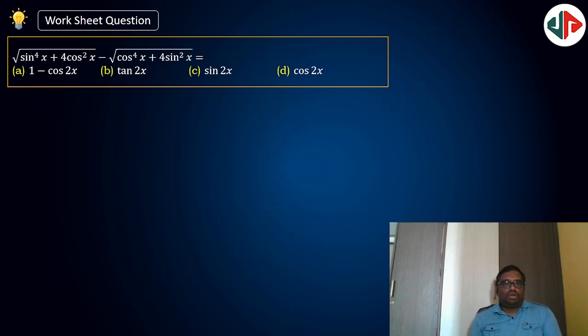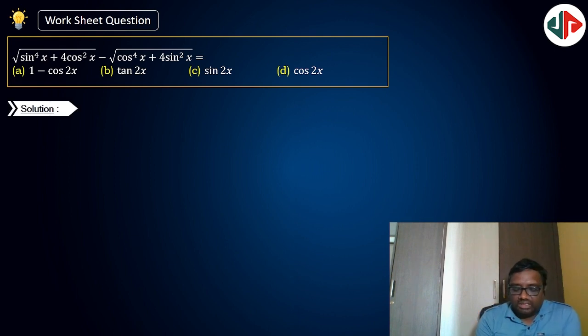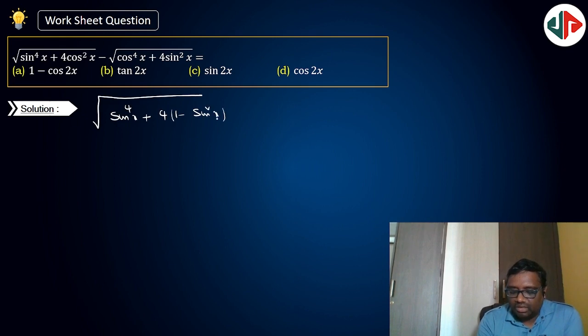This is under the root of sin power 4x plus 4 times of cos square x minus under the root of cos power 4x plus 4 times of sin square x. Then what is the value? This can be rewritten as under the root of sin power 4x plus 4 into (1 minus sin square x) minus under the root of cos power 4x plus 4 into (1 minus cos square x).